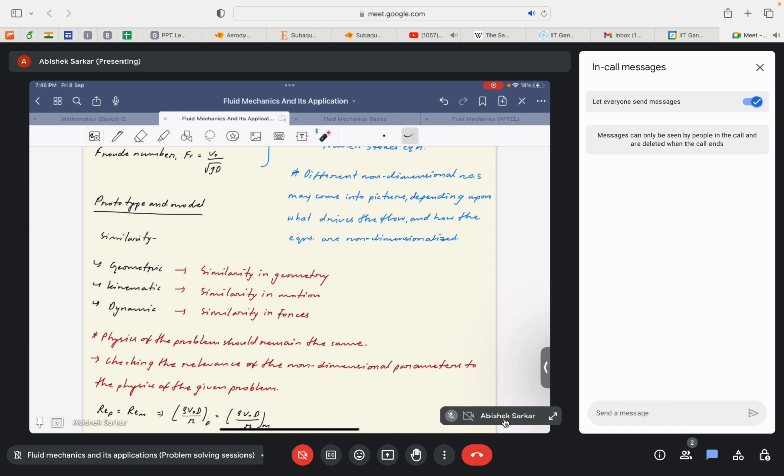It may be quite costly or not feasible at all, because the length scales are far beyond the scope of possible manufacturing. It cannot be manufactured.